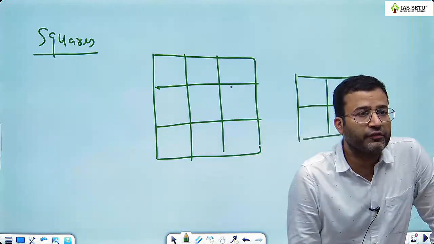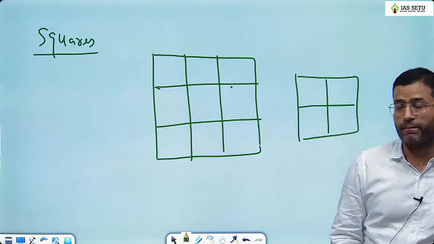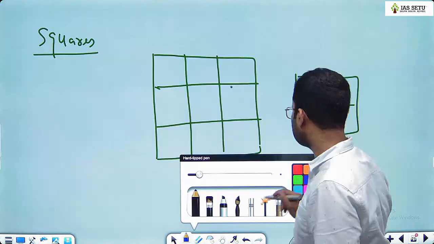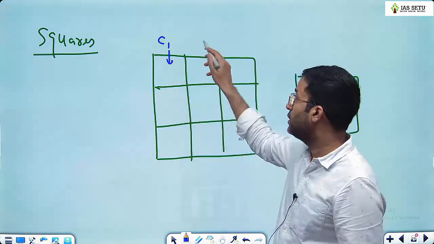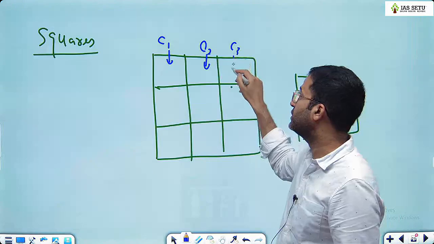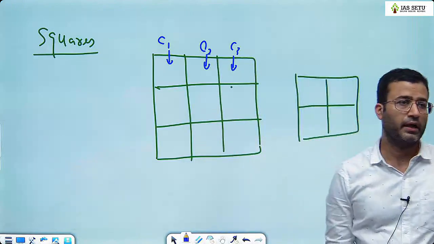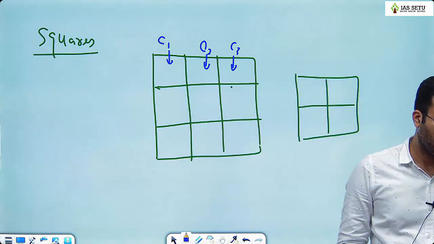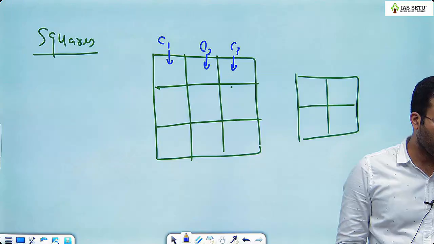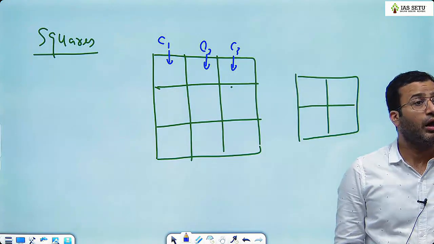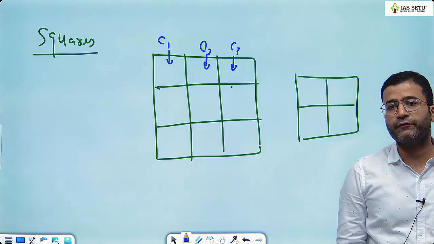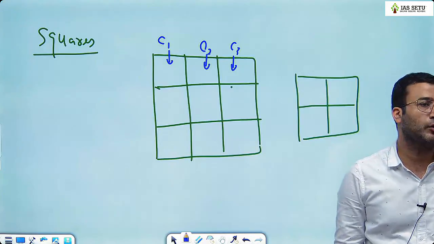How we name the figure? Column versus row. Like this is first column, this is second column, this is third column. And I have seen some student, they are confused about column and row also.